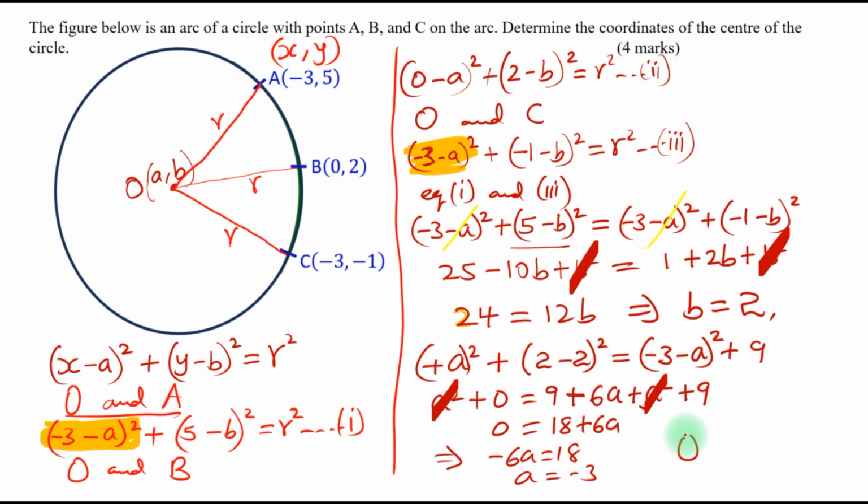And therefore the center of the circle, which is (a, b), the value of a is minus 3, and the value of b is 2. And that is the center of this circle.